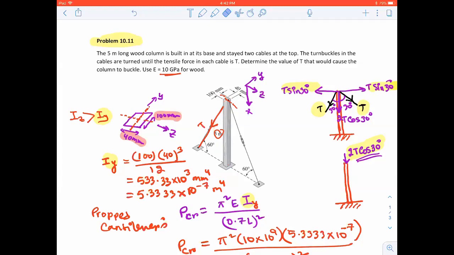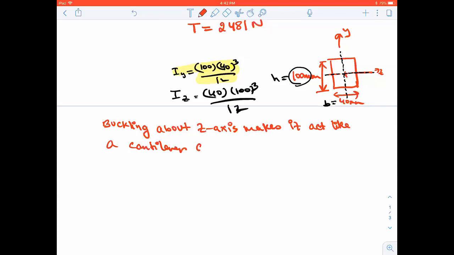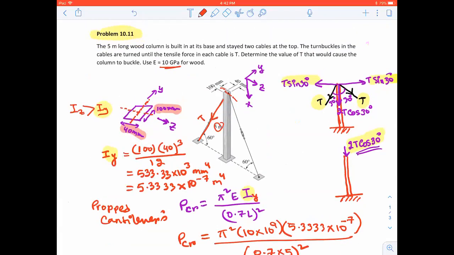In that case, buckling about the z-axis makes it act like a cantilever column. The reason why in this problem you have to consider both is that in one direction it is acting as a propped column, in the other direction it is acting as a cantilever column.